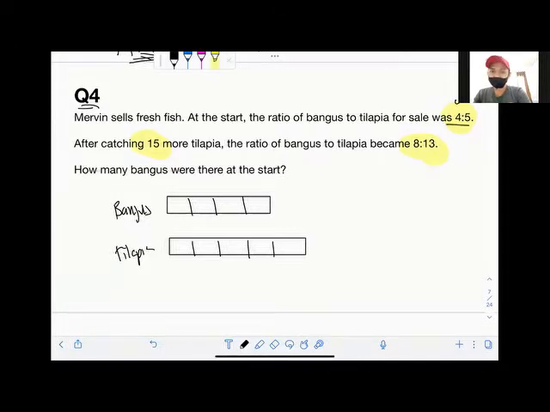So sabi po natin, after catching 15 more tilapia, the ratio of bangus to tilapia became 8:13. So alin po sa dalawang isda, alin po yung dumarami? Yung tilapia po, sir. Okay. So yung bangus ba, dumami, kumonte, o walang nangyari? Wala pong nangyari. So, paano po yan makakatulong sa atin sa pag-drawing ng 8:13?